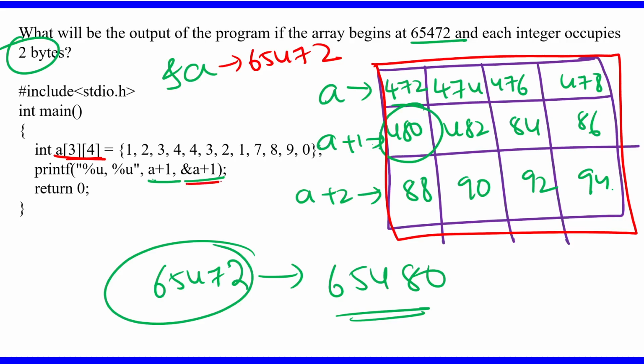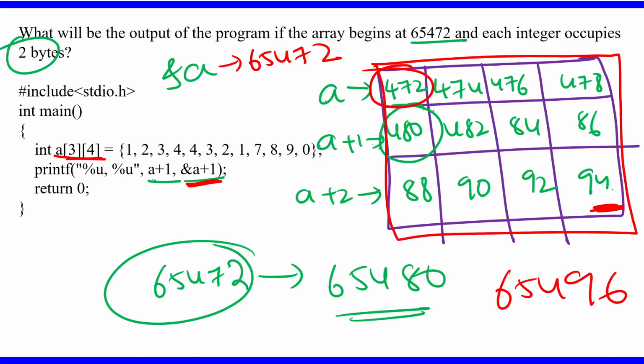When I write ampersand A plus 1, it means after this memory block ends here at 94, its next beginning address, that is 65496.